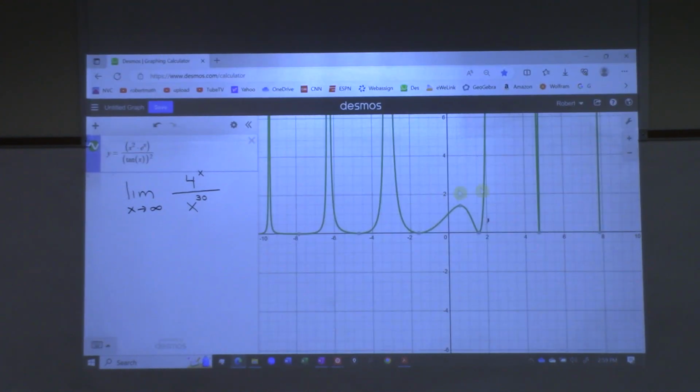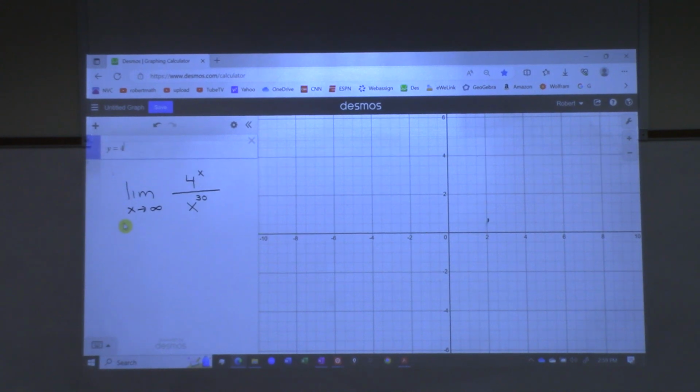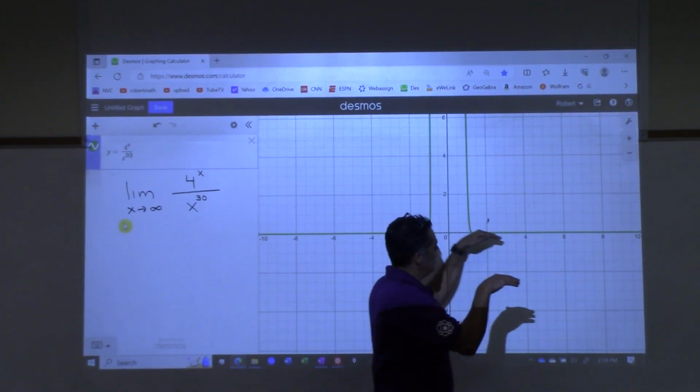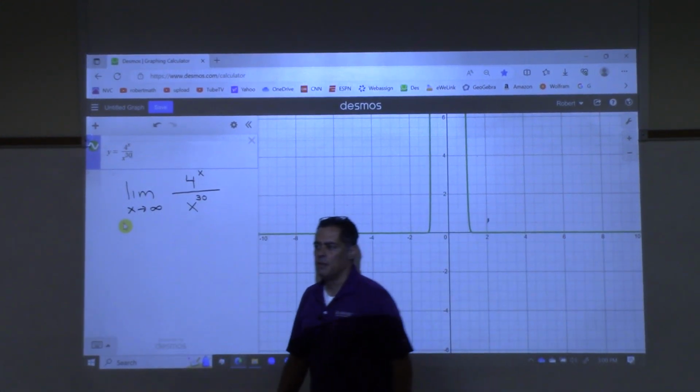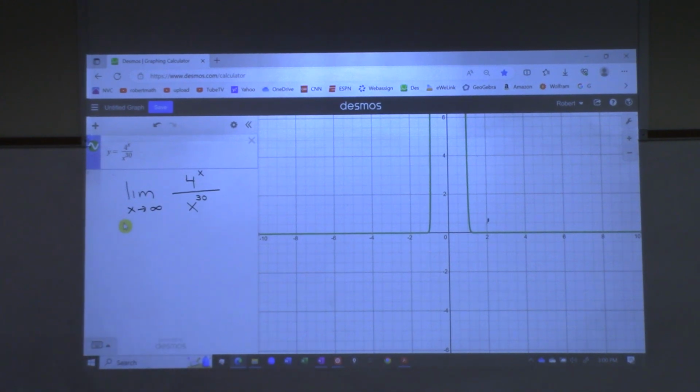I'm going to go to a standard graph, and I'm going to type this in. 4 raised to the x over x raised to the 30th power. What does it look like is happening as I go out to infinity from this picture? What does it look like my function's doing? It's headed to 0, right? It's not. The picture makes it look like it is, doesn't it? Okay, but let's see why it's not headed to 0.